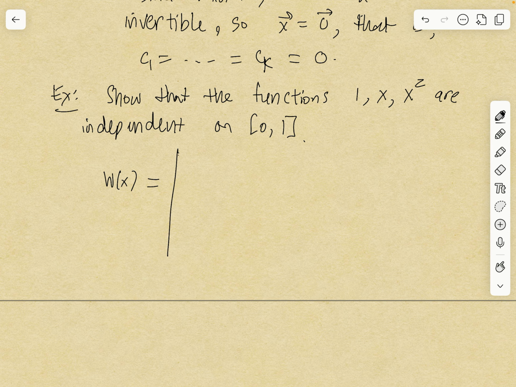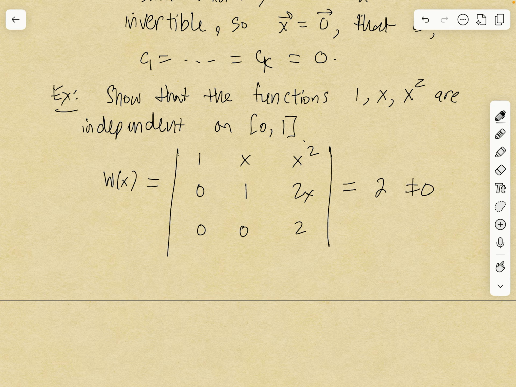You have your constant function 1 as f1, then f2, and f3. Then you take the first derivative, so you get 0, 1, 2x, and then the derivative of those, you get 0, 0, 2. Notice this is an upper triangular matrix, so the determinant is 1 times 1 times 2, which is 2, not 0. So 1, x, and x squared are linearly independent.